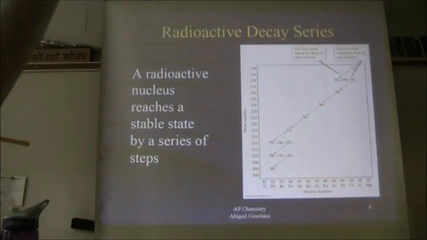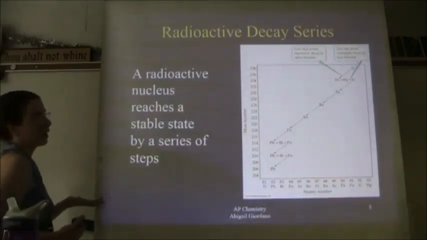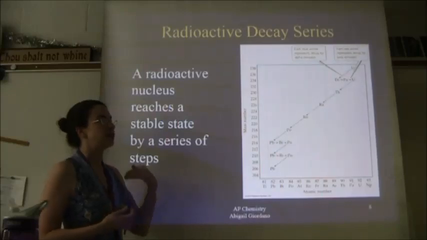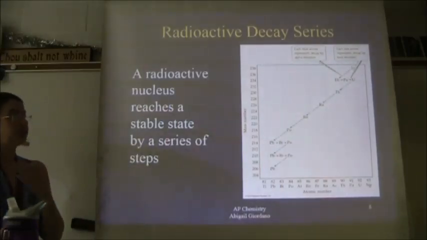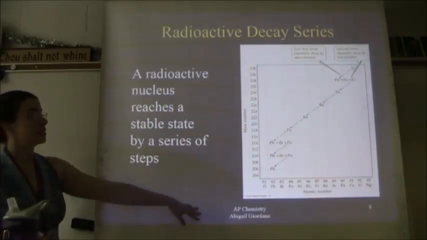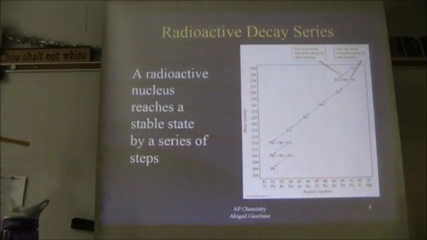So how many buildings are made with 5-foot thick concrete walls? Not too many. Okay. So it's the gamma radiation that's really damaging. Okay. But this is how nuclear weapons work, and that's why they are so devastating.